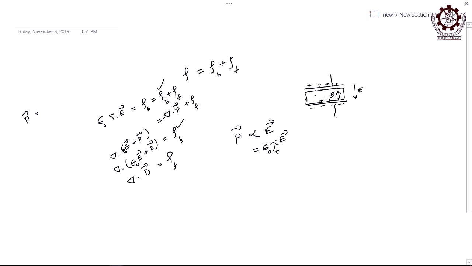Then why are you introducing this new constant epsilon 0? Otherwise, both sides are not dimensionally the same. Chi is a dimensionless constant, and if you do not multiply by epsilon 0, the equation will not be dimensionally consistent.